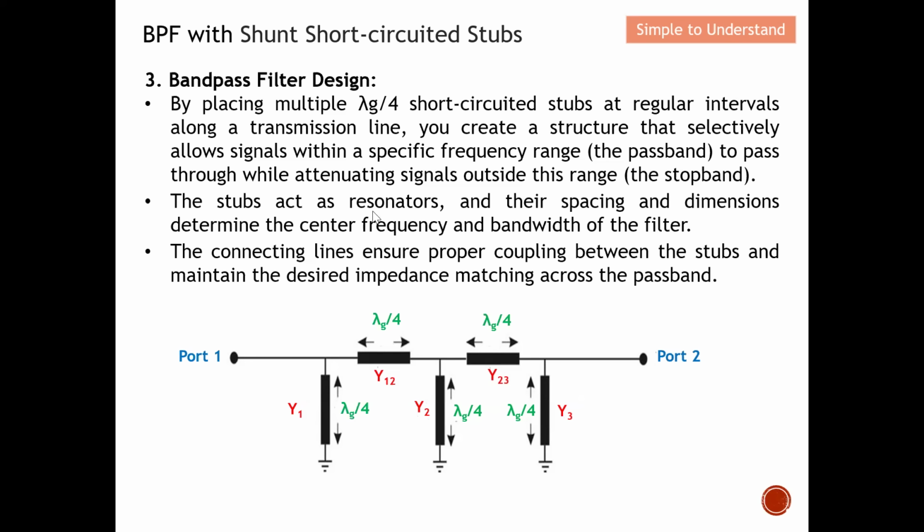The stubs act as resonators, and their spacing and dimensions determine the center frequency and also the bandwidth of the filter. The connecting line ensures proper coupling between the stubs and maintains the desired impedance matching across the passband. With this, I think you have a better idea of how this structure can have bandpass filter characteristics.